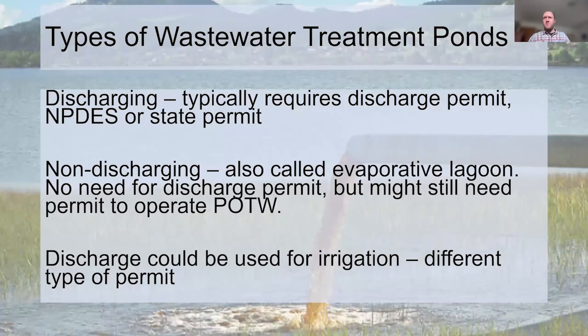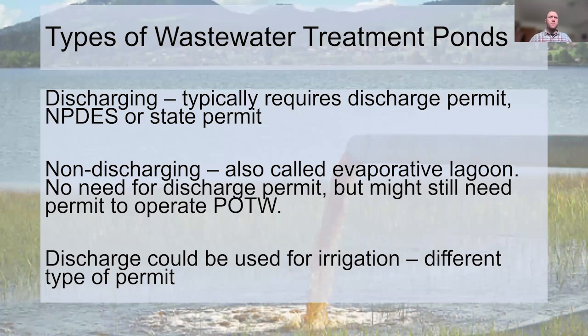This, of course, can only be in locations where the amount of precipitation is less than the amount of evaporation. You don't want these to fill up with water, of course. So this is only in dry locations. Of course, you still might need a permit to operate these because they still are considered publicly owned treatment works. But that's going to depend on your regulatory agency.